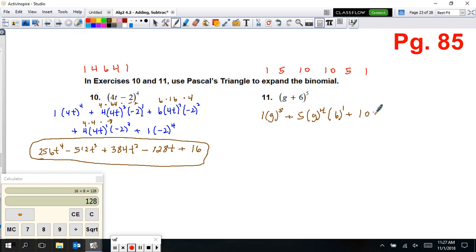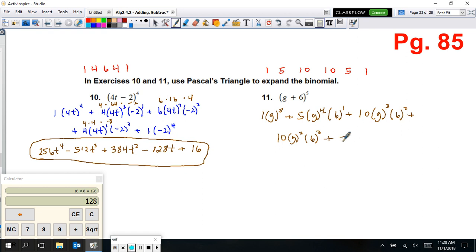And then the next Pascal number is 10. G is going down 1 again to the 3rd power, and the 6 goes up 1 to the 2nd power. And then the next Pascal number is again 10, so another 10. So maybe I'll put the 10 down here. So 10, and then G goes down 1, so that's to the 2nd power. 6 goes up to the 3rd power.